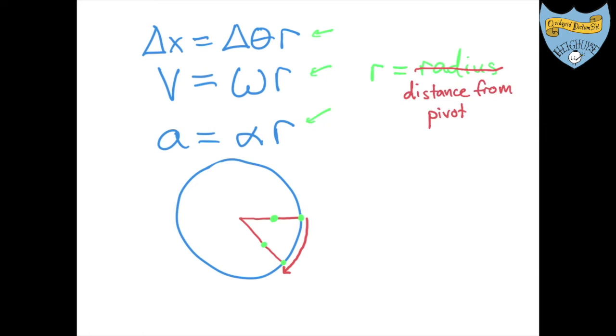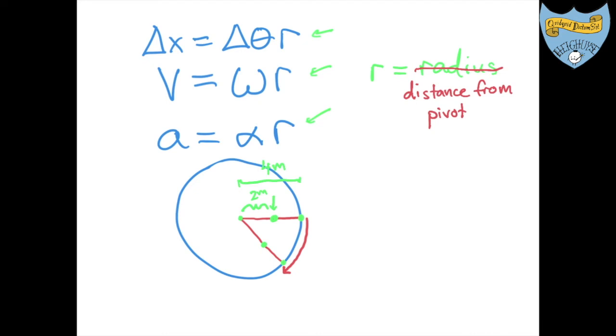Now, here's what I mean by that. The pivot is, let's say, at the center of this rotating object, which is maybe like a merry-go-round. If you've got one rider here who is maybe 2 meters from the pivot, and another rider way out here who is 4 meters from the pivot, all riders on this merry-go-round are going to have the same angular velocity.